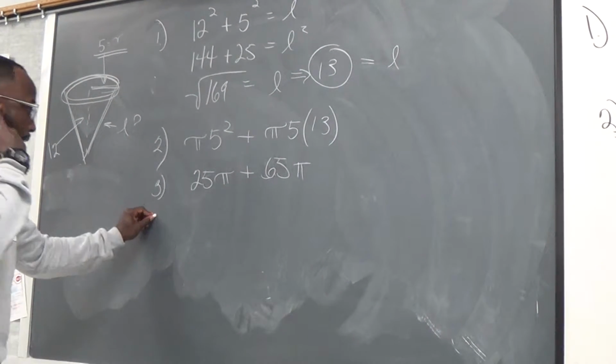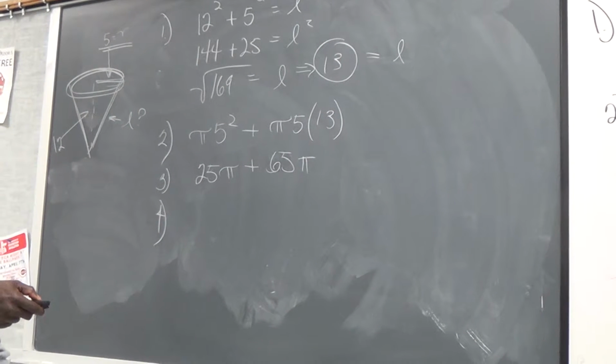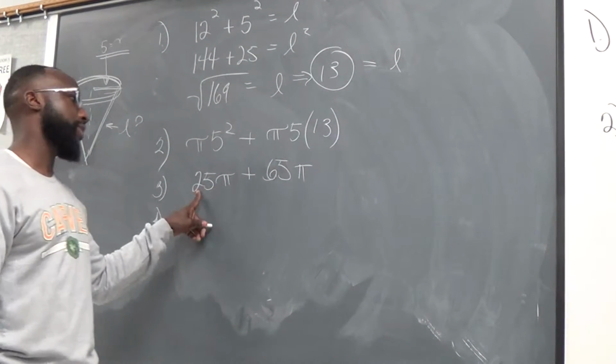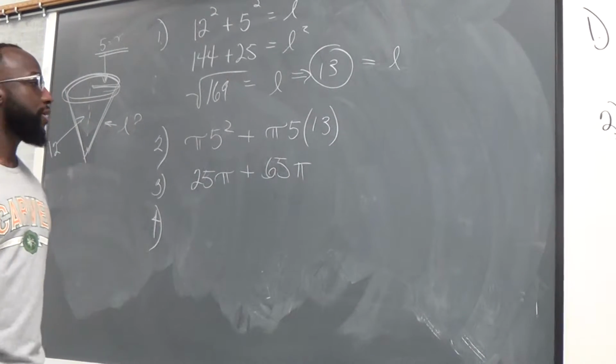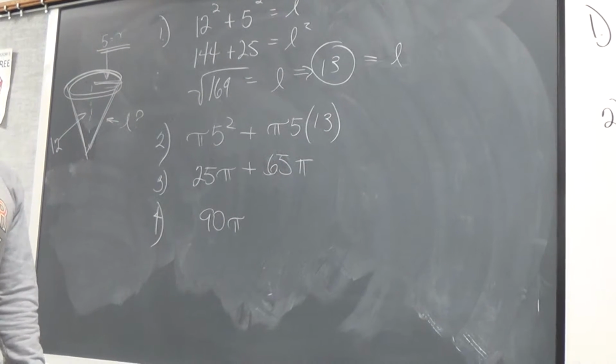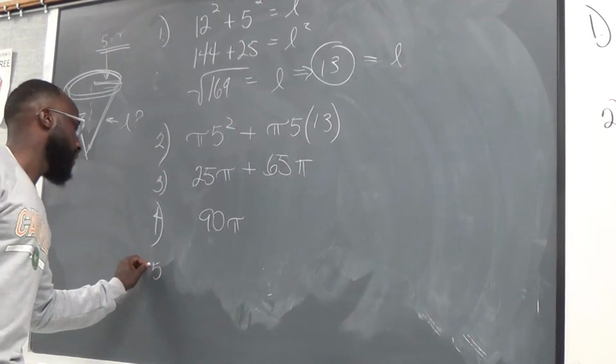Alright, so the next thing you want to do is add all the numbers excluding pi. So there's going to be 25 plus 65. That gives us 90 pi. And then finally you multiply pi.